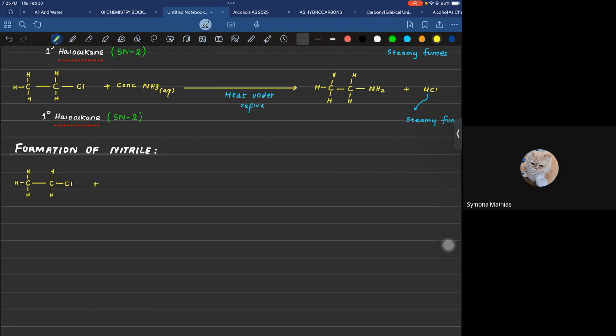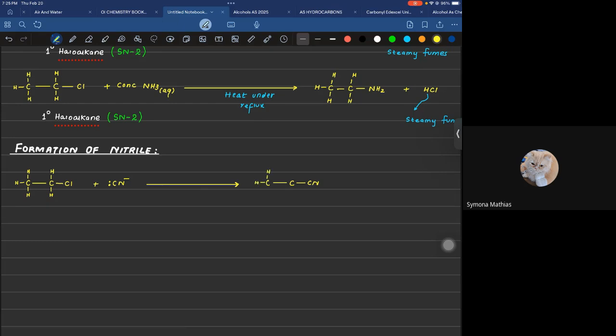It's going to react with CN minus, with one lone pair on the carbon atom. And again heat under reflux, everything will be the same. So I will see that chlorine is substituted by the nitrile group, that is this.